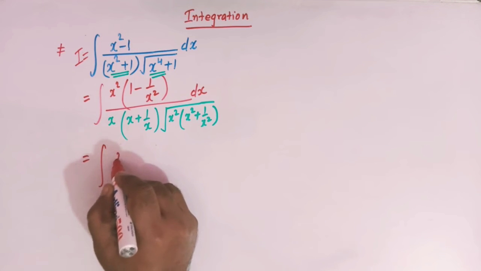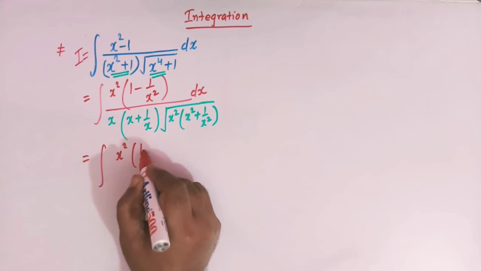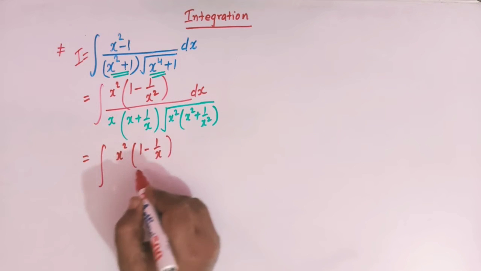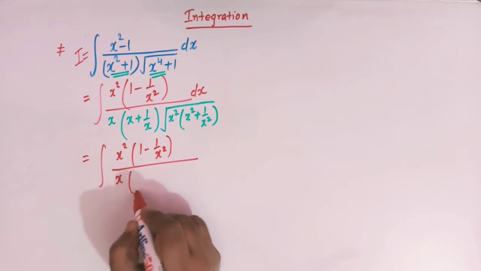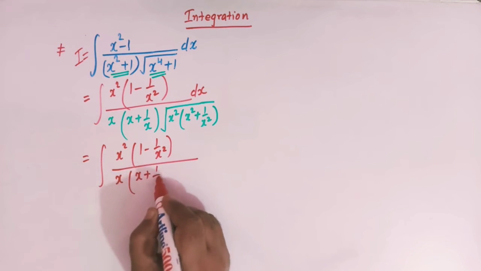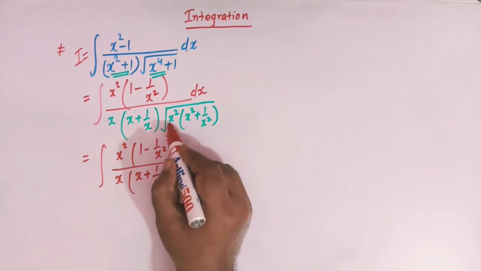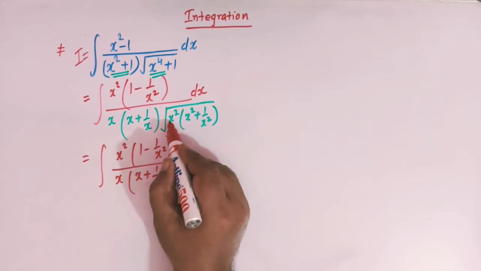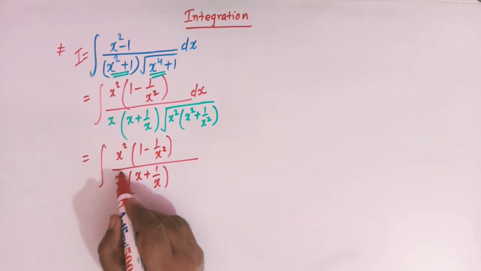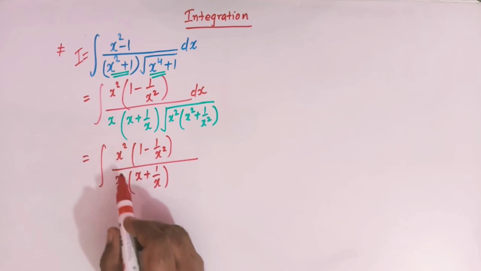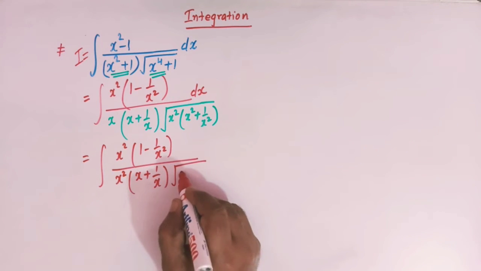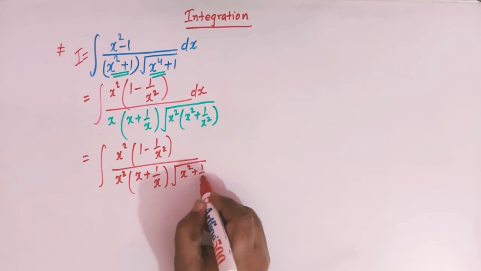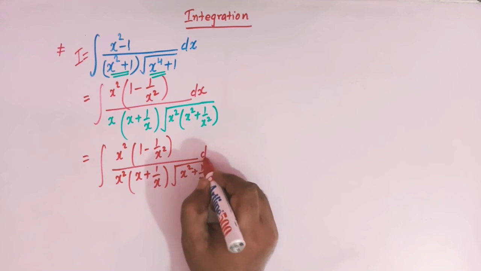So we have here x square times 1 minus 1 over x square, and here we have x plus 1 over x, and from the square root we can take x square outside, and here we have the square root of x square plus 1 over x square, right?